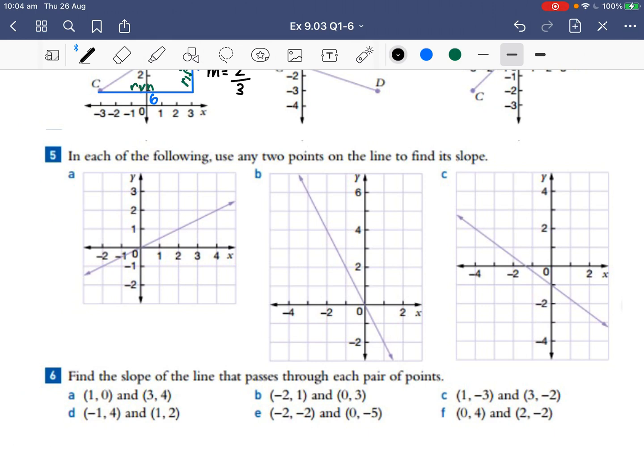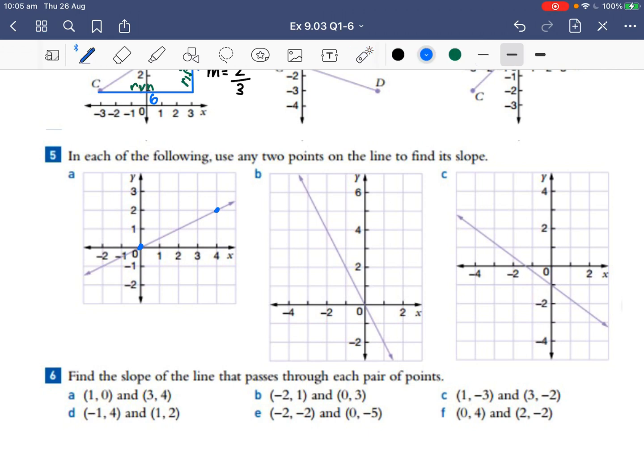Now, for question 5, we want to use any 2 points on this line to find its slope. So we're doing exactly the same as what we've been doing. We want to find 2 points, so I'm going to use this point here and this point here. It's really important that we use a point that has a cross, where 2 lines meet.